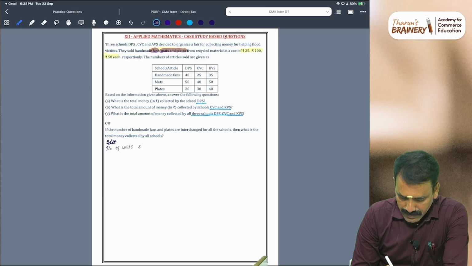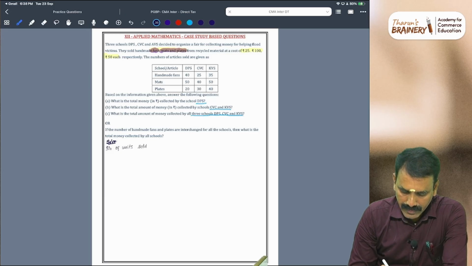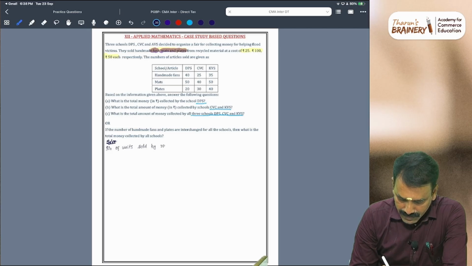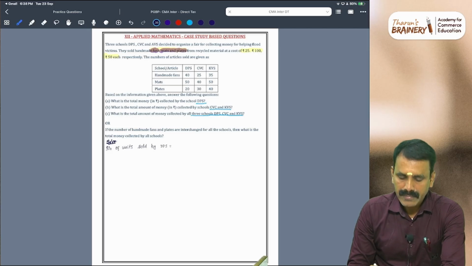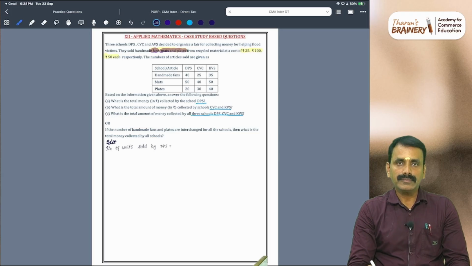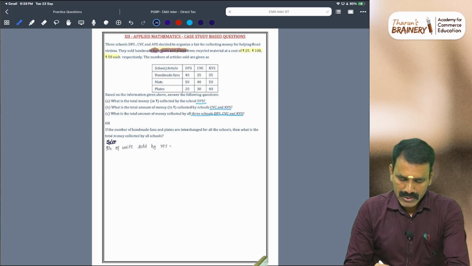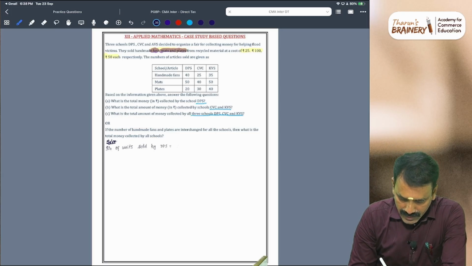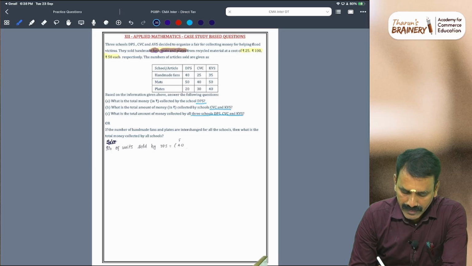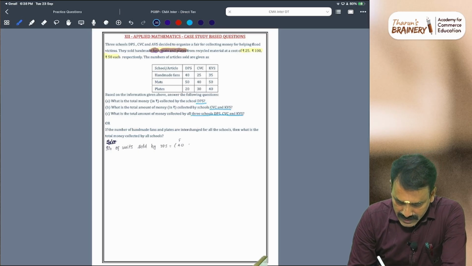Number of units sold by DPS. The first school, it is going to be 40 units in fans. First component is fan, then the second one is mat, and the third one is going to be plates.